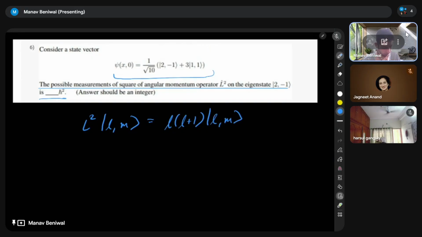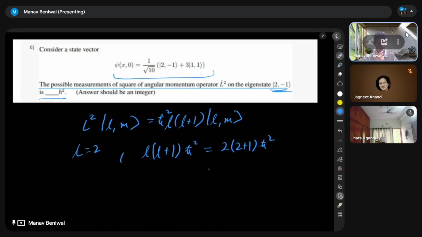For the eigenstate 2 comma 1, L is 2. Sorry, there is also an h cut squared. So this eigenvalue will be L into L plus 1 h cut squared, so 2 times 3 h cut squared. So this is just 6 h cut squared.